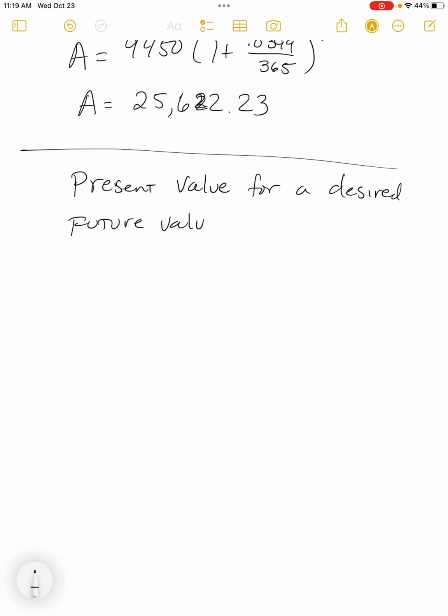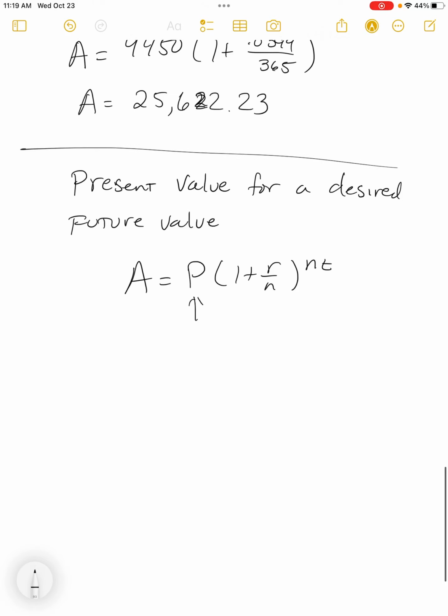So honestly, it's going to be a manipulation of this equation. This is the one for the future value, right? And you're going to be solving for P. So you don't have to go through all that algebra. They give us a formula, and I would encourage you to write it down. So the present value formula that they give, it looks crazy, but you can do it, is the idea.